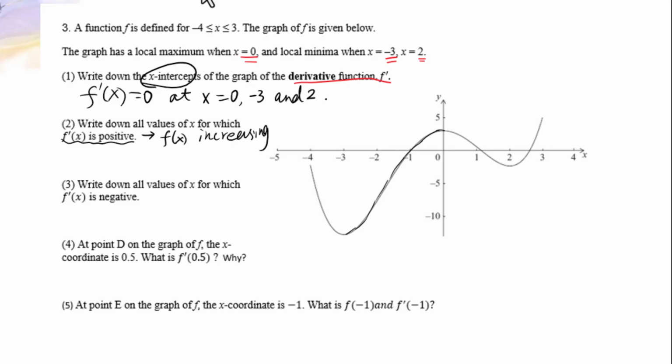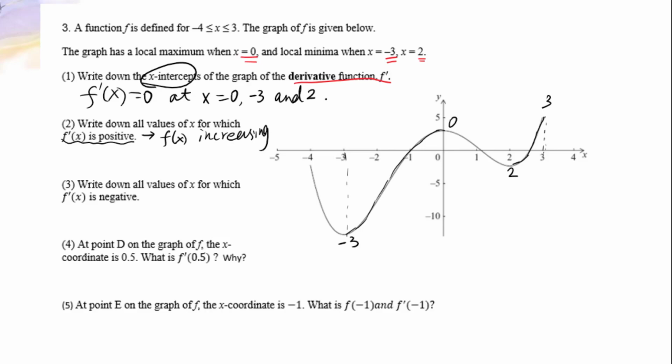This part of the graph and this part of the graph are increasing: from -3 to 0, and from 2 to 3.